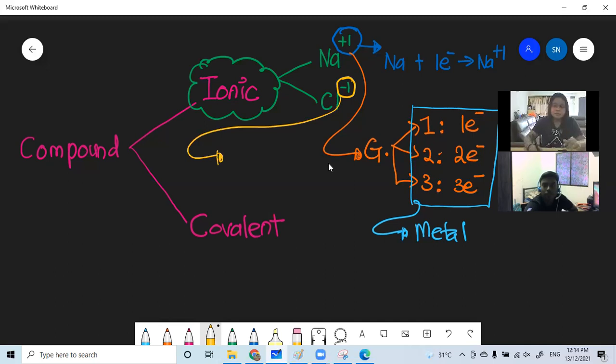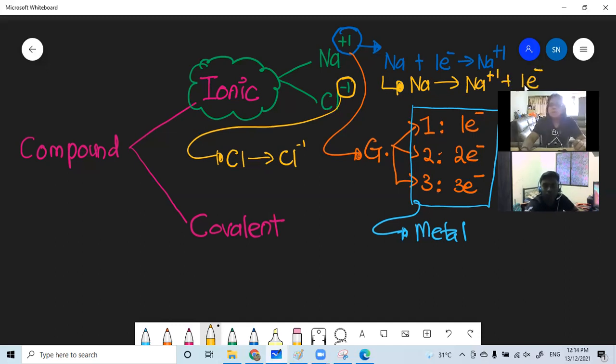So like that, negative is the keyword. Chlorine will accept an electron and become Cl negative one. Some books write it like this: sodium, or natrium, 1 positive plus 1 electron.